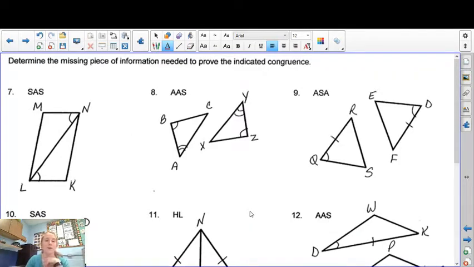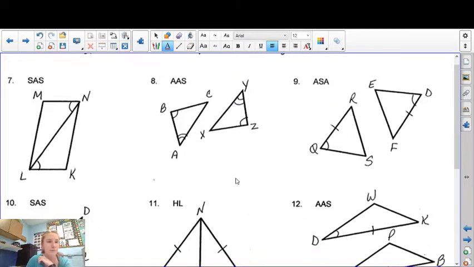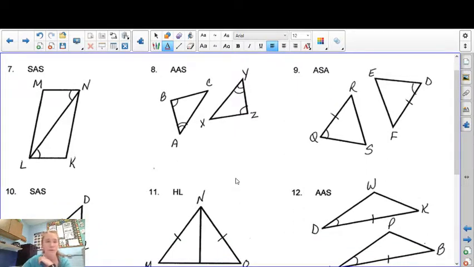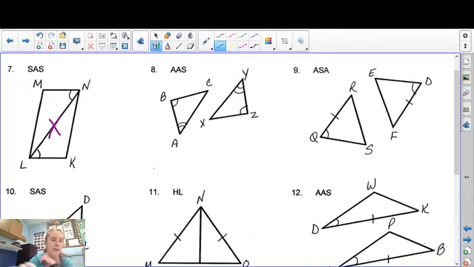Okay, to determine any missing information that you need to prove the indicated congruence. So number 7, I need side angle side. Well, I already have the given piece. Come on, go back to my pen. Here, so he's already given to me technically. He's a freebie. So I need this side and this side.